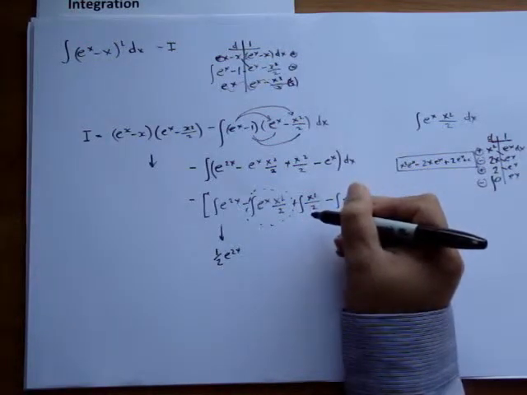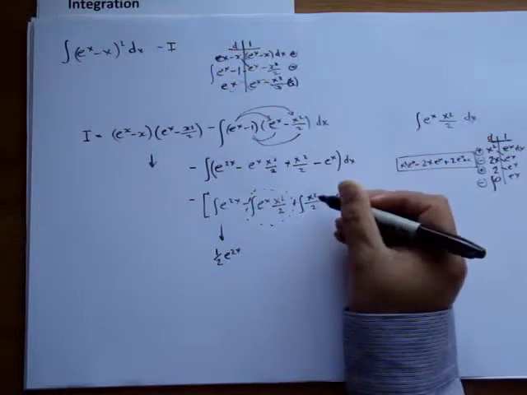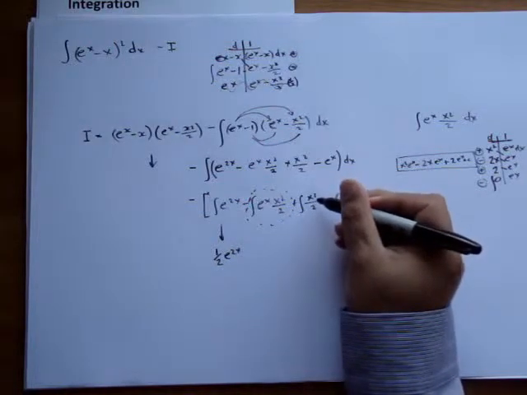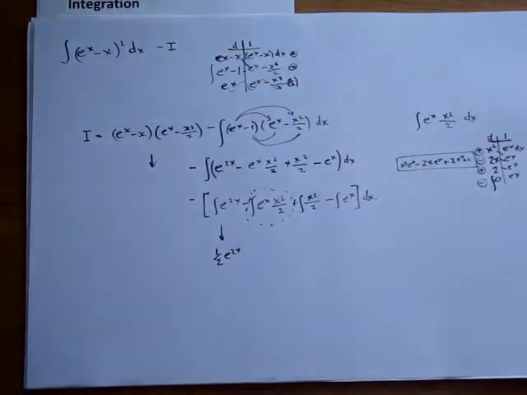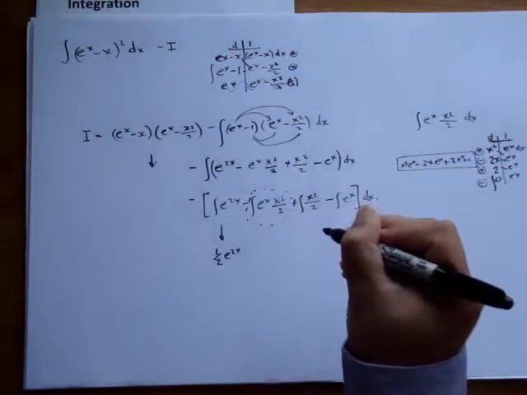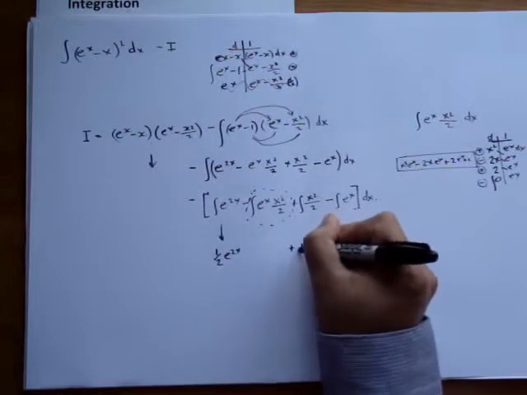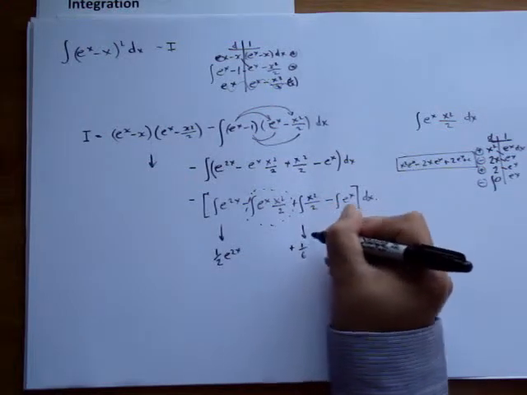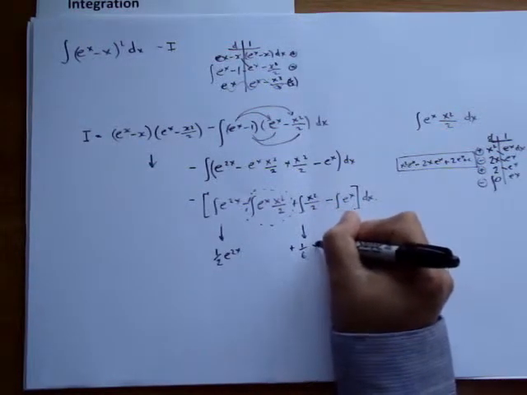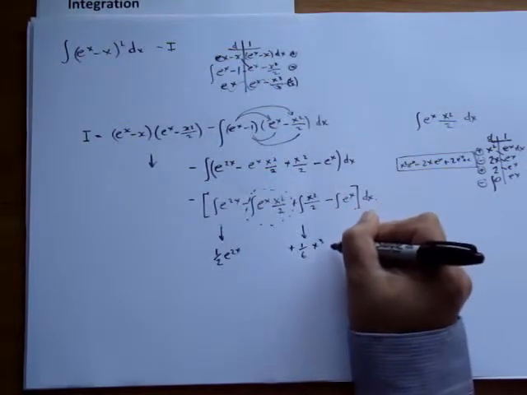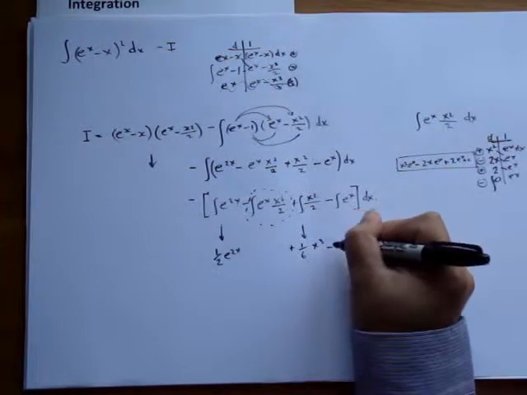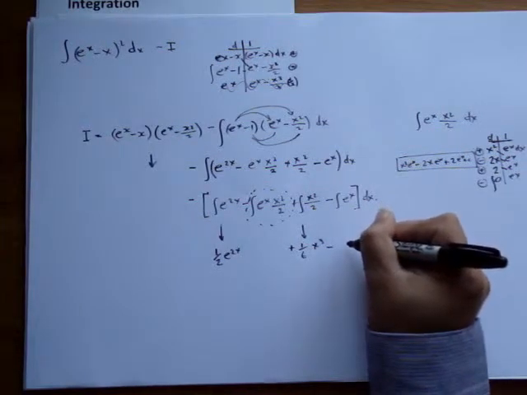Our x squared over 2 becomes 1/6 x cubed, and our e^x remains as e^x.